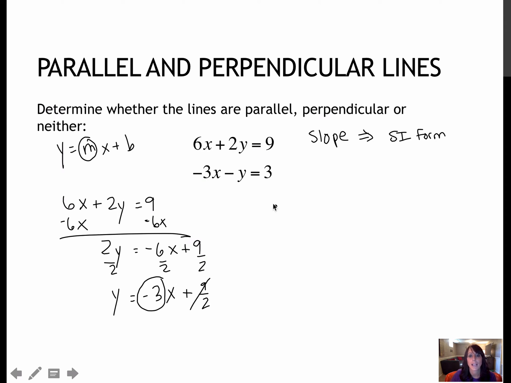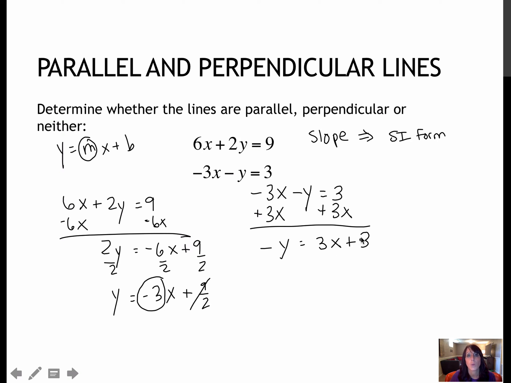Now I'm going to look at my next equation. I'm going to do the exact same process. I'm going to move whatever the other values are to the opposite side so that I can end up with y all by itself. In this case, I'll have to divide everything by negative 1, and that gives me y equals negative 3x minus 3.